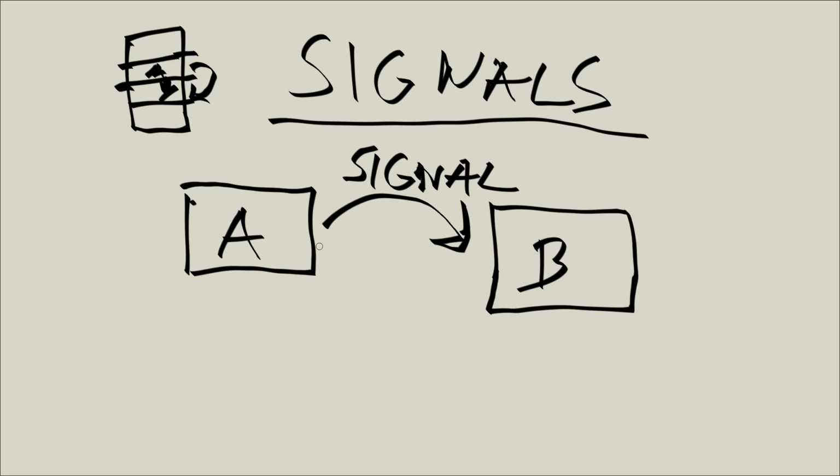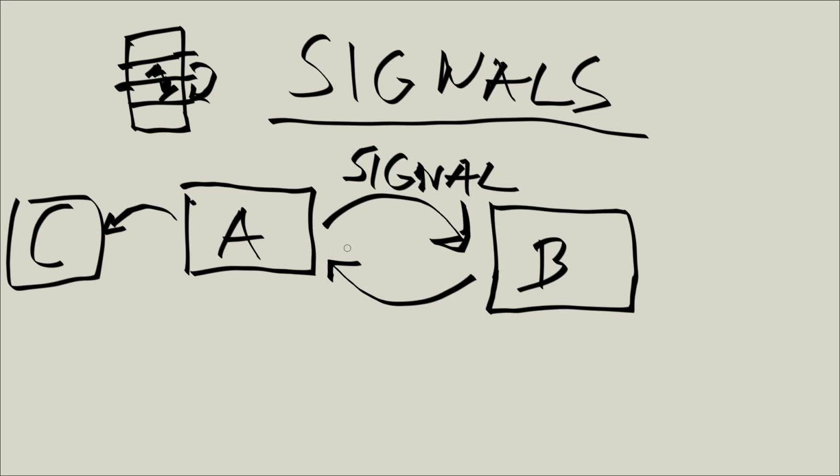Let's say that A is doing something, it signals something to B, then B does something, and then it signals back to A and says, hey, I've done this. Then, for example, we also have some process C, which is here, and A sends a signal to C. Maybe this would be the first signal, this would be the second signal, and this would be the third signal.